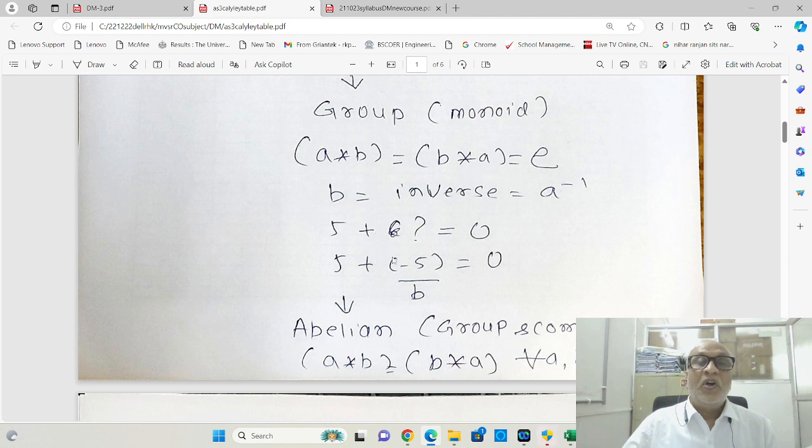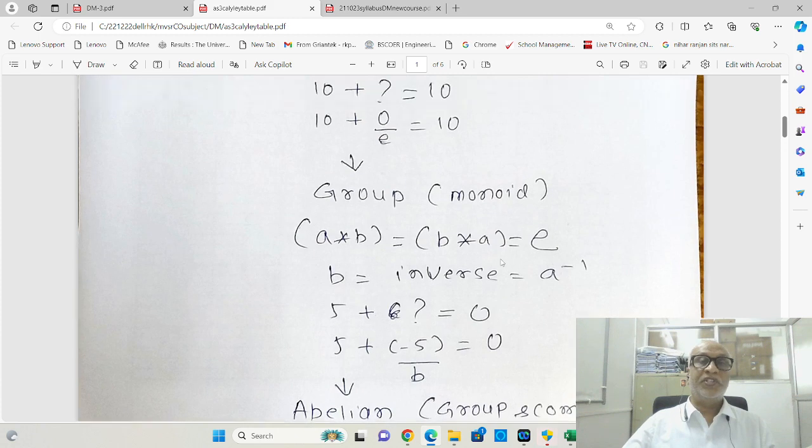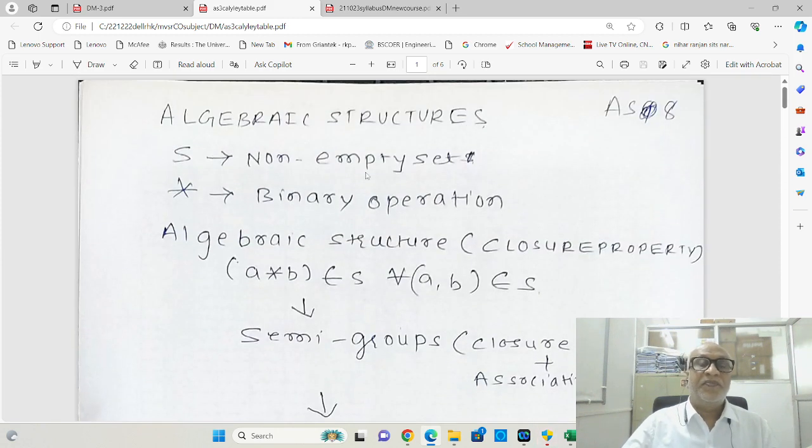A group is abelian if it holds the commutative property, and the commutative property we all know: A binary operation B is equal to B binary operation A for all A, B belonging to the group. So, the journey starts with algebraic structure.